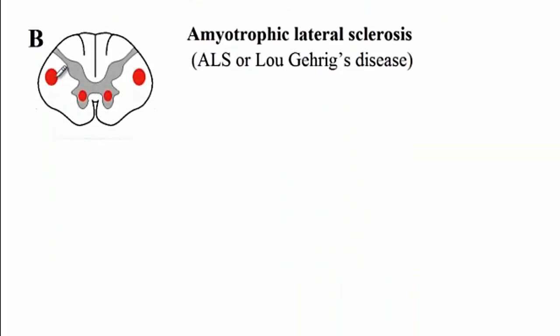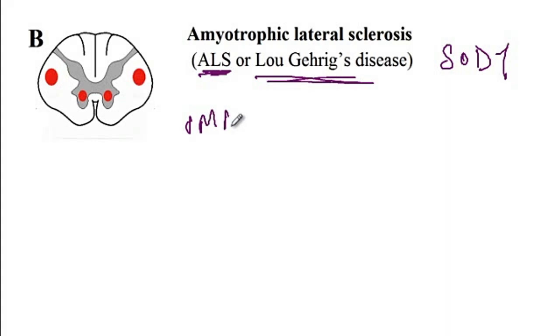The next condition is amyotrophic lateral sclerosis, also known as ALS or Lou Gehrig's disease, and this condition is thought to be due to mutations in the superoxide dismutase gene. Now, with ALS, there are both upper motor neuron as well as lower motor neuron symptoms. And the reason for that is that the lower motor neuron symptoms are coming from the lesions of the anterior horn of the spinal tract, while lesions of the corticospinal tract are causing upper motor neuron symptoms.